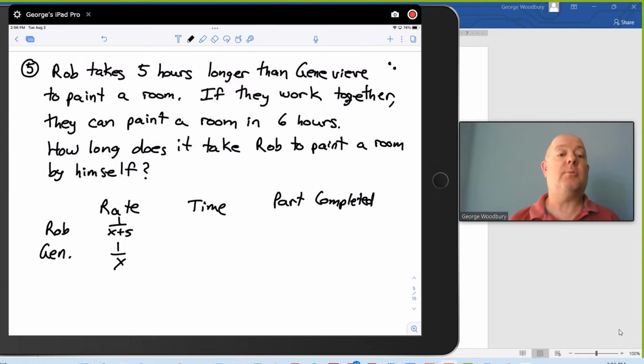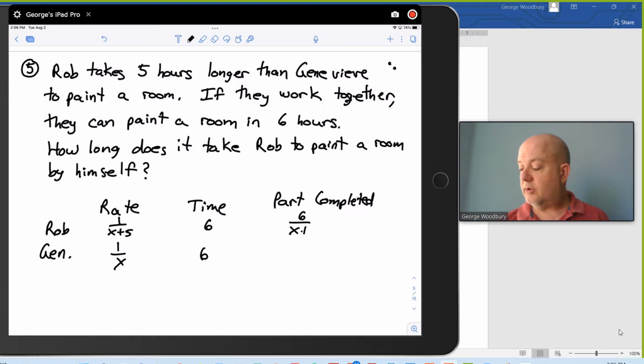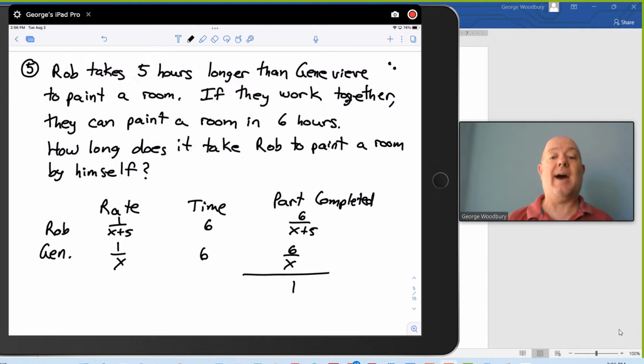The time comes from the fact that they can complete the room together in 6 hours. So if they work together in 6 hours, the job will be complete. The part of the job done by Rob is 6 over x plus 5. The part done by Genevieve is 6 over x, and that is going to add up to equal 1. So this is where my equation is going to come from for this problem.